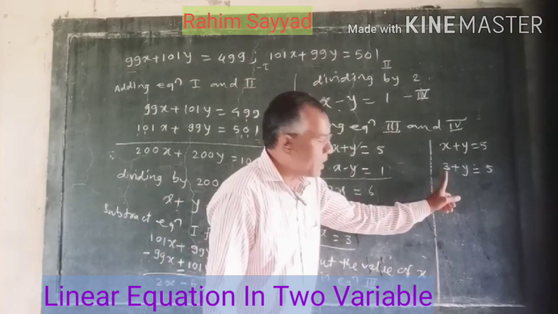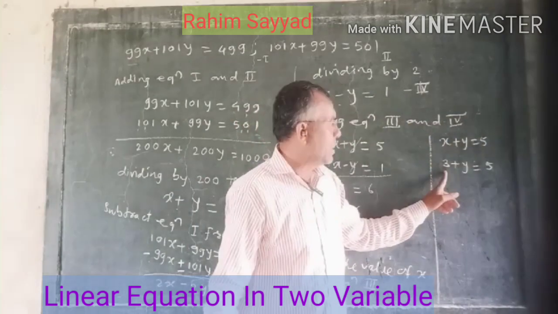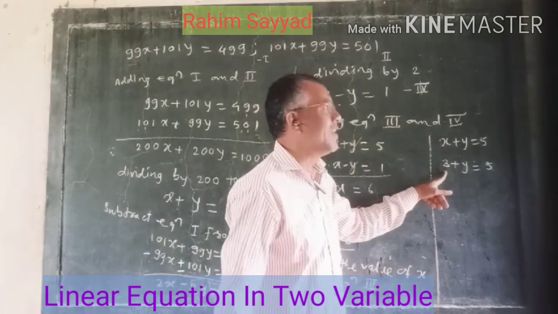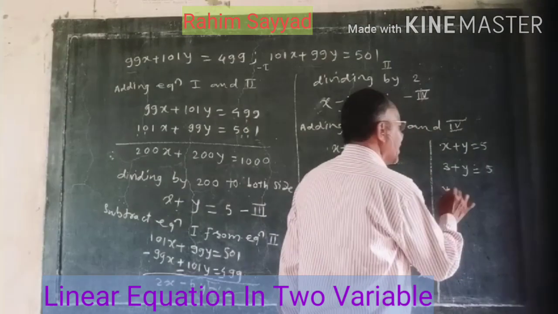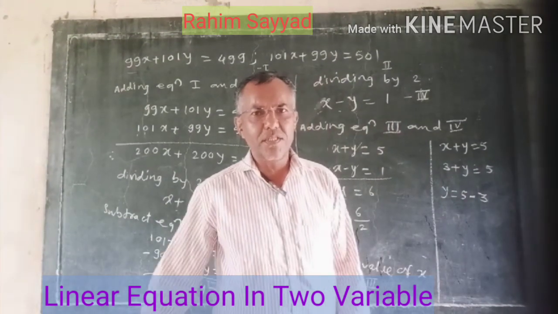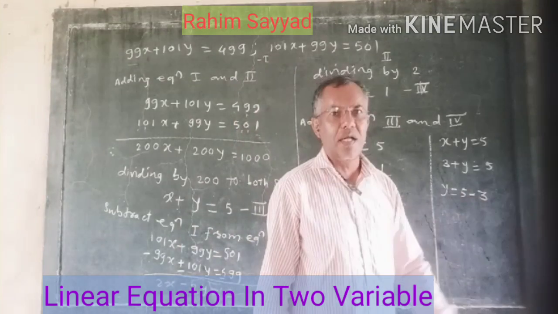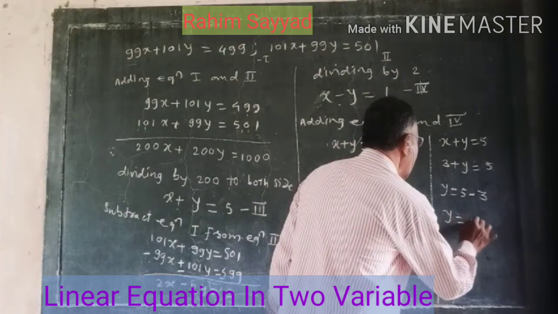When plus 3 goes to the RHS side, the sign changes and becomes minus 3. Therefore, y is equal to 5 minus 3, that is 2. Here y is equal to 2.